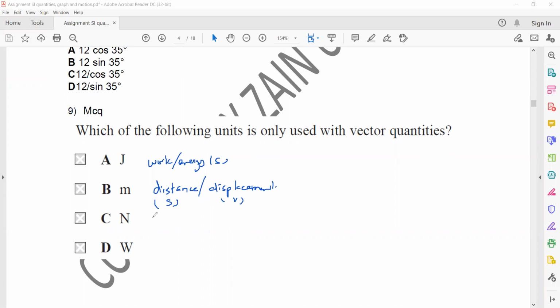Newton is a unit for force or weight, that is always a vector, so C is the right answer. Power, the watt is a unit for power, so that is a scalar quantity, it cannot be used for vector. So C is the right answer, which is only used for vector quantities. Why not B? Because B is a unit which can be used for scalar or for vector, as if it was distance it will be a scalar, and if it was displacement it will be a vector.